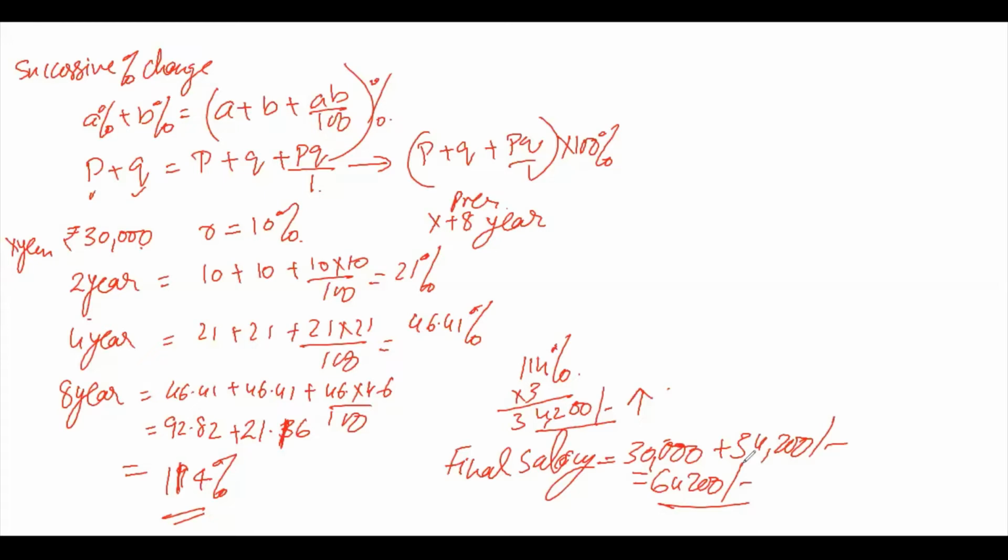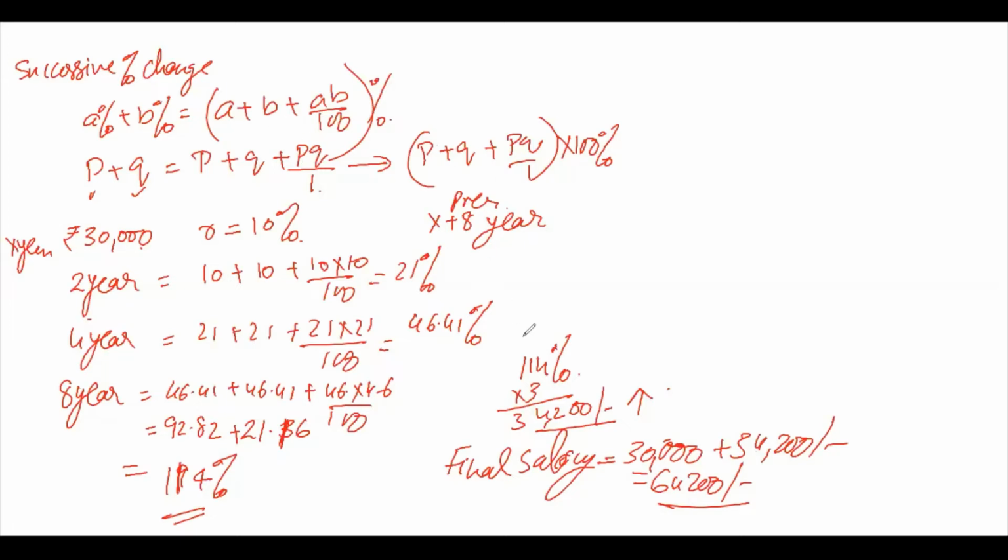Manvi is asking, can you explain the last part? Manvi ji, we have already found out that in 8 years it is 114% growth. Growth means increment. So if someone was getting 30,000 rupees salary, he will get 114% increment.